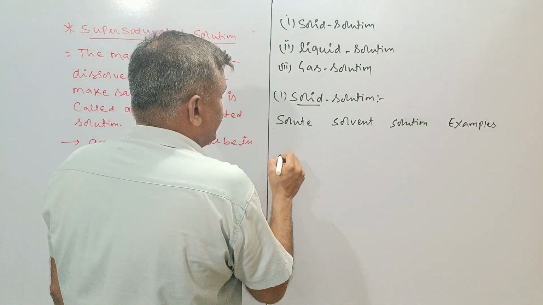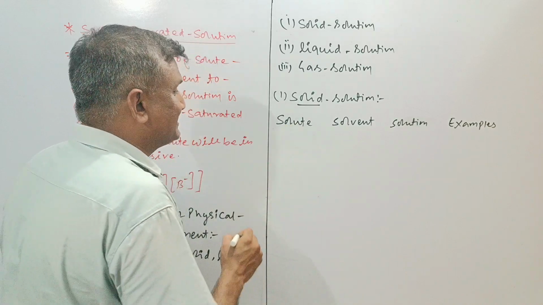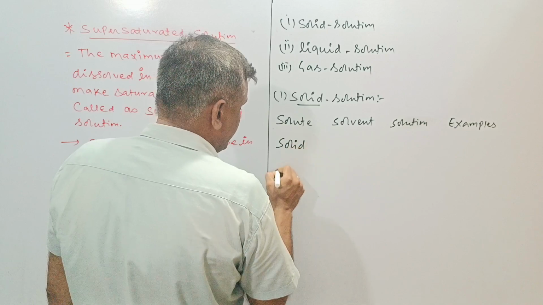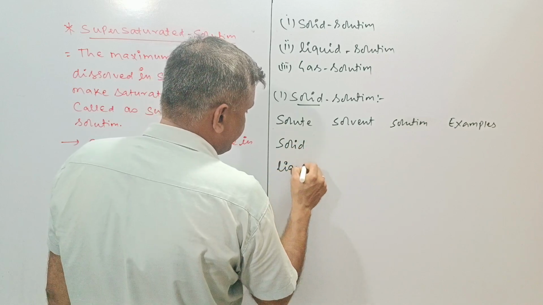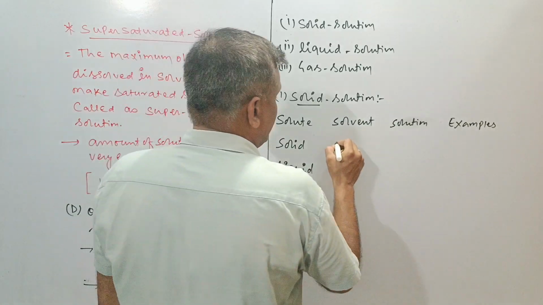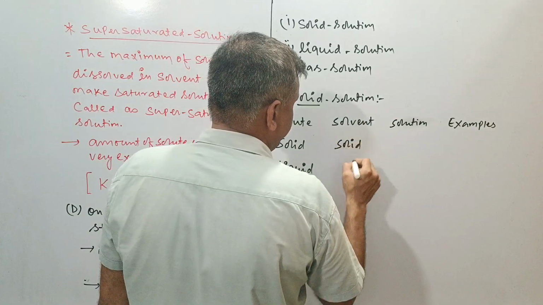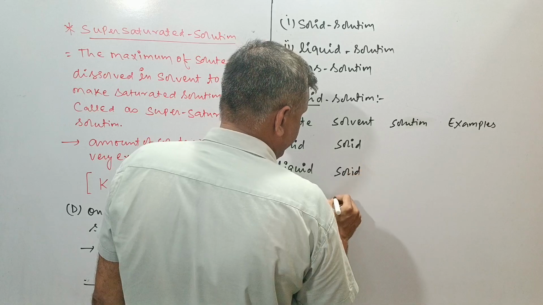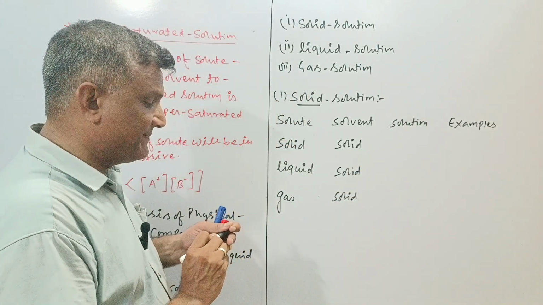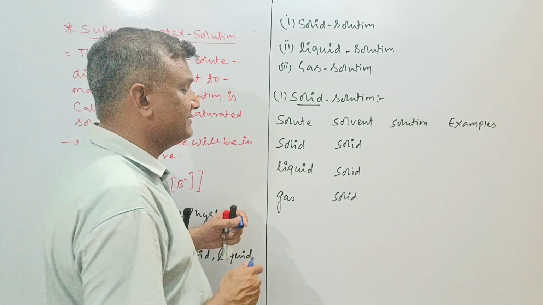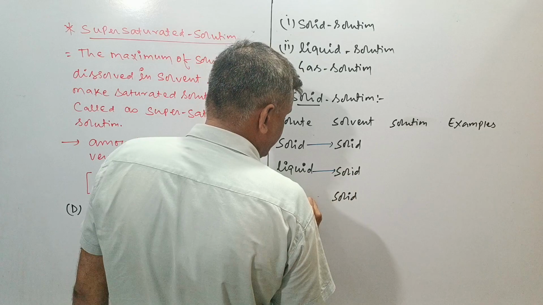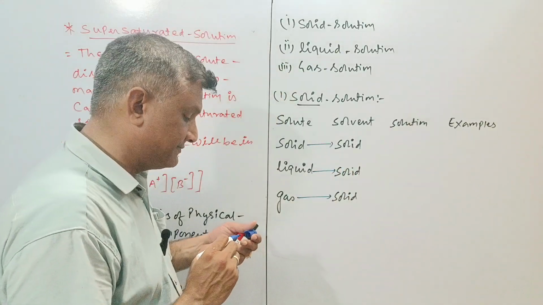First, as a solid solution, we can take as a solute solid, liquid and gas. Now the solvent will be solid, and here also solid. So the first types regarding solid solution will be solid solution, liquid solid solution and gas solid solution.